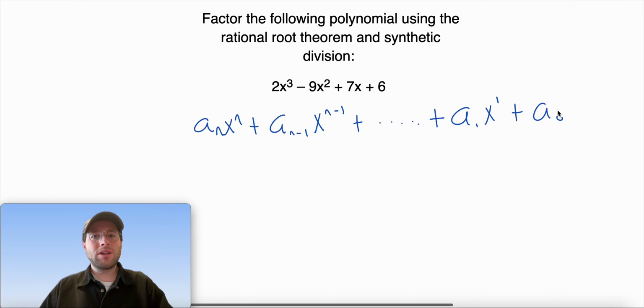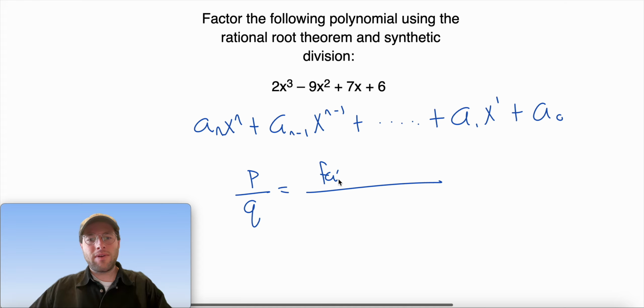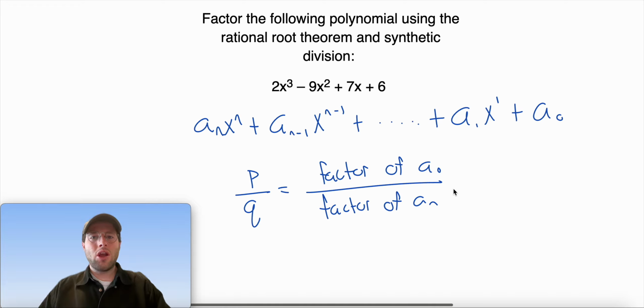The rational root theorem says that the possible rational roots of any polynomial will have the form p over q, where p is a factor of a_0 and q is a factor of a_n. Let's see that in practice with our example.